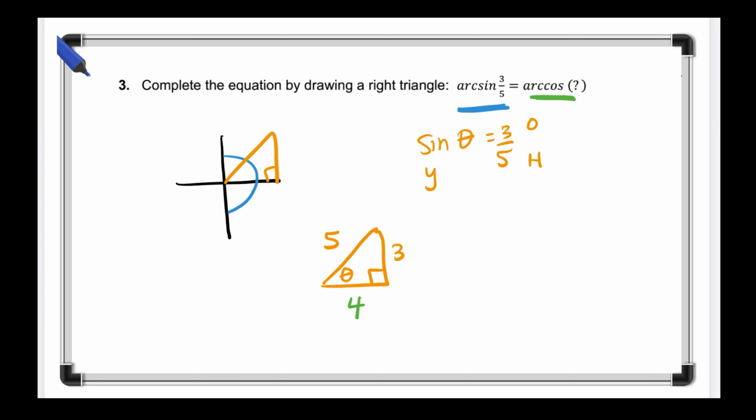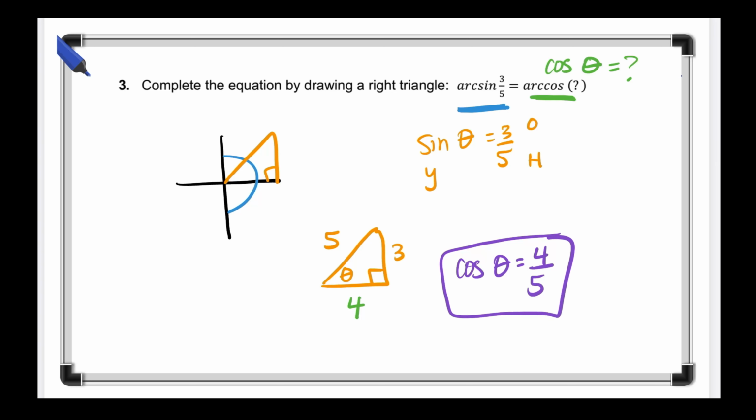So the cosine, how would I rewrite it? The cosine of some theta, which we just figured out over here, is going to be what, right? So the cosine of theta is going to be what? So I go back to my triangle and I confirm. So the cosine of theta is going to be adjacent over hypotenuse, which is 4 over 5.